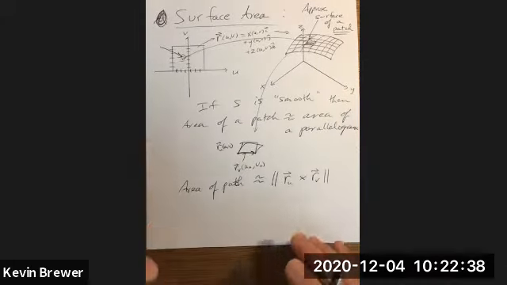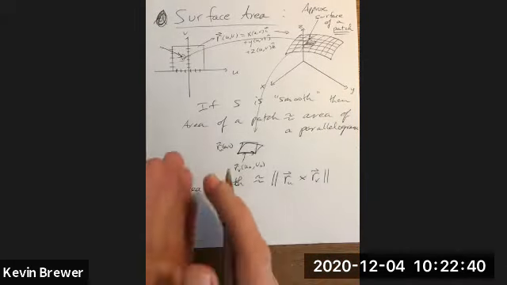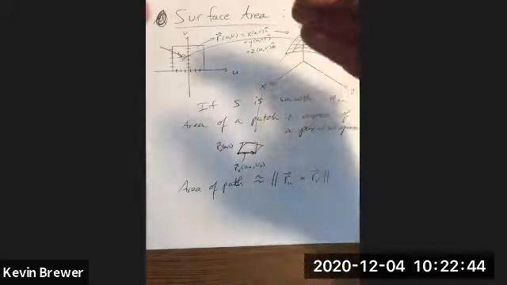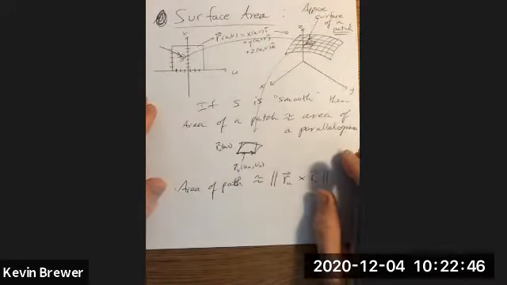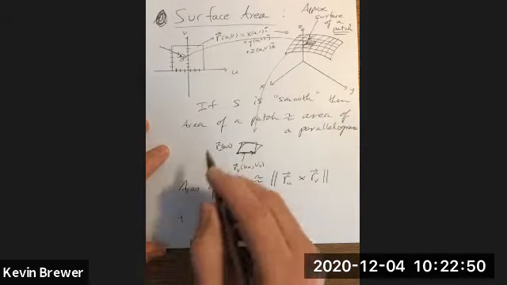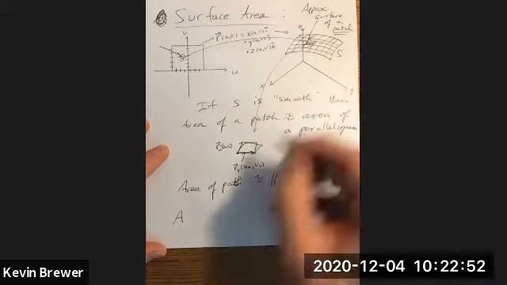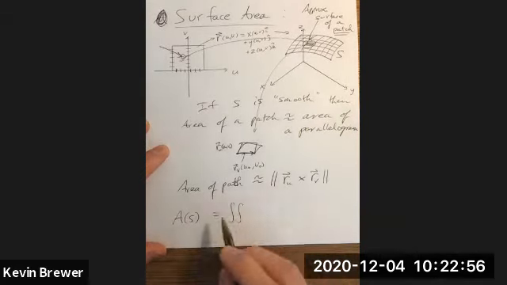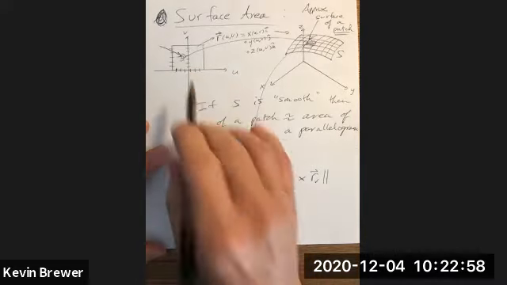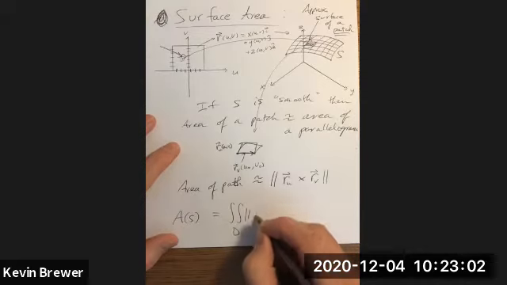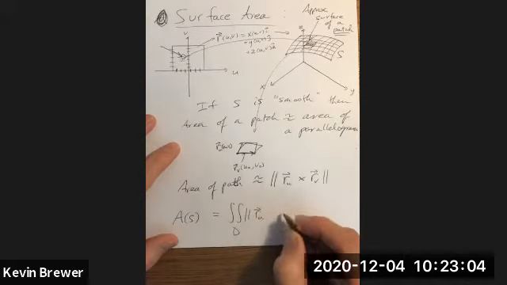We're just going to pass at this point to the area of the total surface S, which is the double integral over this rectangle D of the magnitude of the cross product of these vectors.